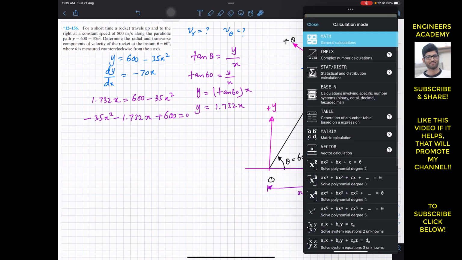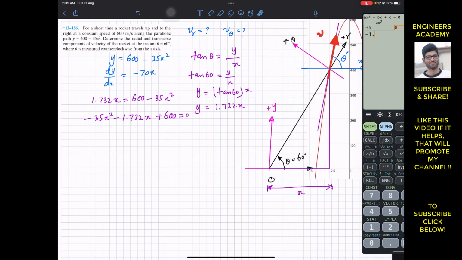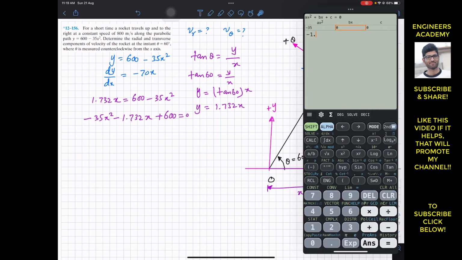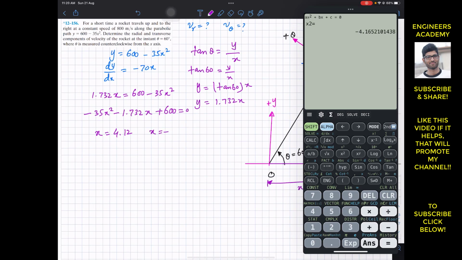The coefficient of x squared is minus 35, then minus 1.732, and this is 600. So now we will get two values of x. The x coordinate is approximately 4.12, and then we have another value, minus 4.17 meters.